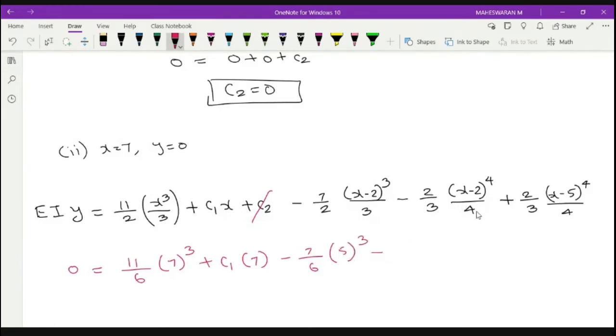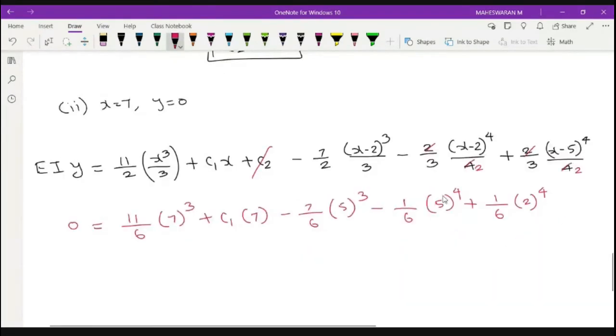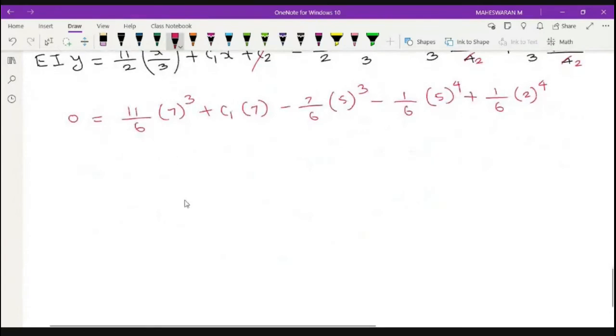Here you cancel it and you get 1 by 6. Again, 7 minus 2 is 5, so 5 power 4, plus, again you can cancel this, so it is again 1 by 6, 7 minus 5, it is 2 power 4. Just substitute this. Can you tell me the value of C1?